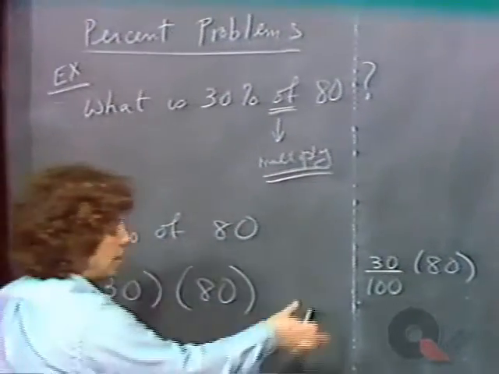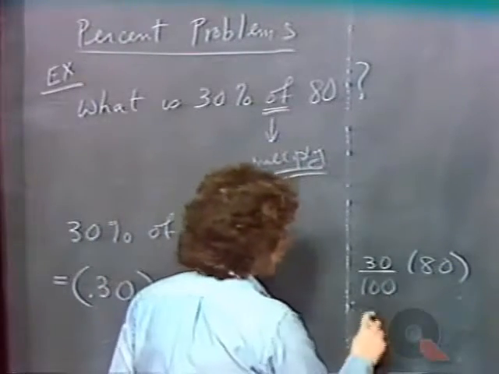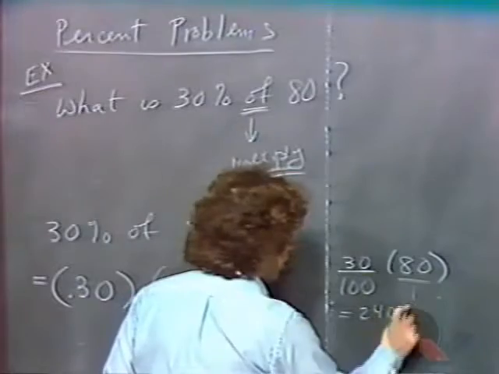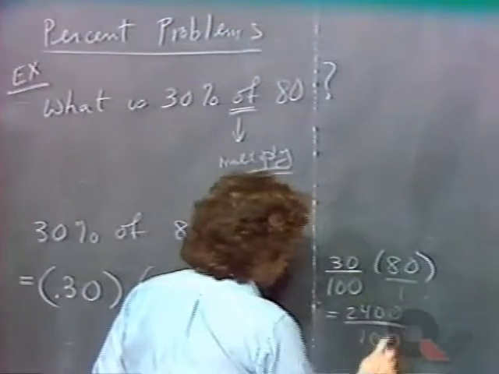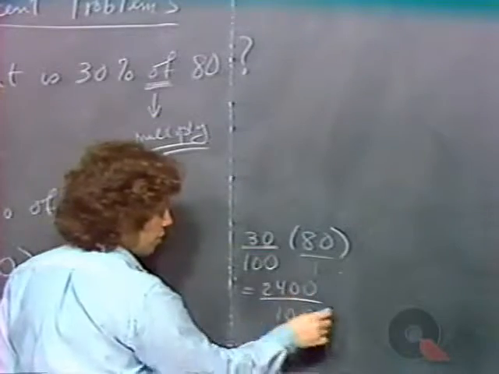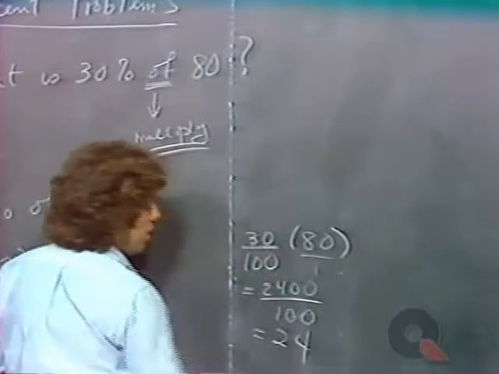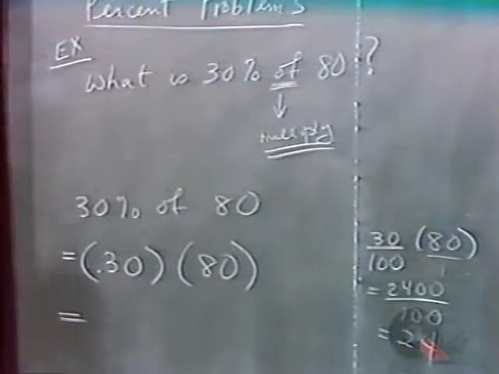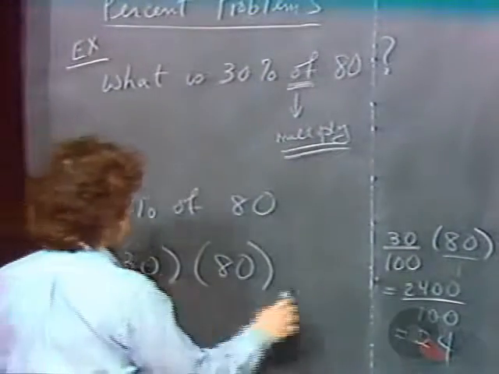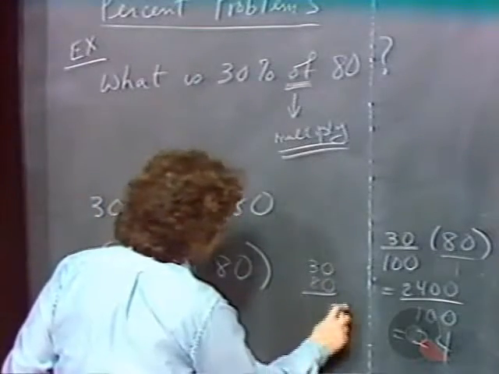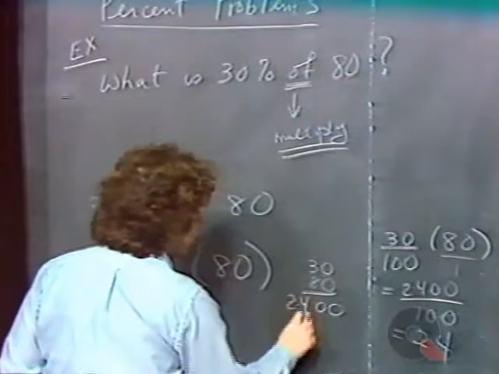Now, if you do it as a fraction, you can multiply the numerators. You get 2400 over 100. You could divide numerator and denominator by 100 to get 24. If you do it as a decimal, you would take 30 times 80 and get 2400.